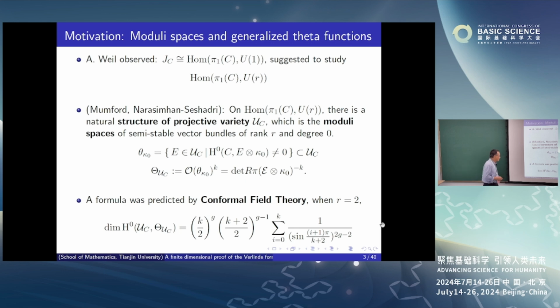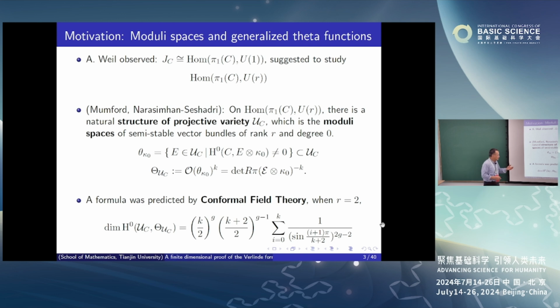After many people's work, people realized that on this space there is a natural structure of a projective variety, which is the moduli space of semi-stable vector bundles of rank r and degree 0.